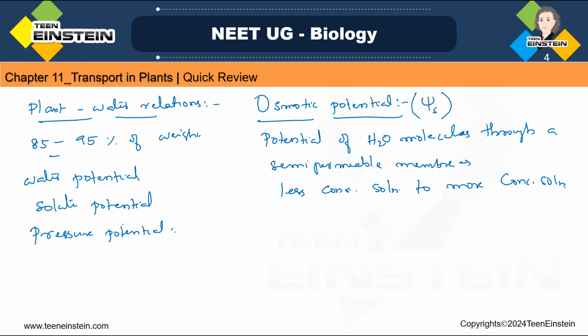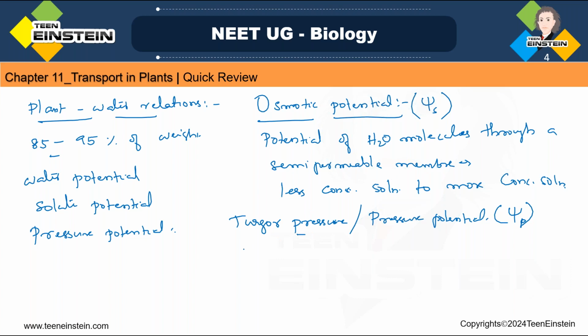Clear? Next comes the turgor pressure, or we can call it the pressure potential. We'll mention it as psi p. What do you mean by pressure potential? This is the pressure exerted by the protoplasm against the cell wall. You have learned about turgor pressure, right?